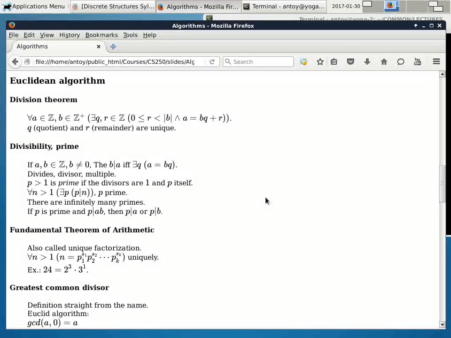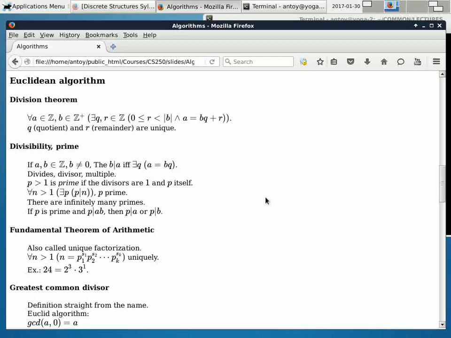Who can tell me what Q and R are? This is a 6 and this is a 3. All right? So this theorem says, look, pick A and B as you want. B can't be 0. So pick A and B any way you want, not 0, and you can always find the Q and R that do that.